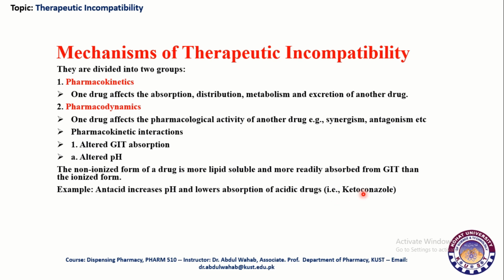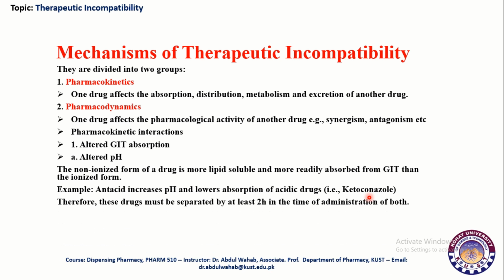So the doctor should not prescribe ketoconazole with antacids, because it will decrease absorption of ketoconazole. Therefore, the drugs must be separated by at least 2 hours in the time of administration. Contact the prescriber in this regard.